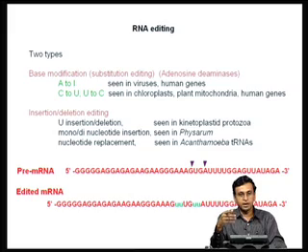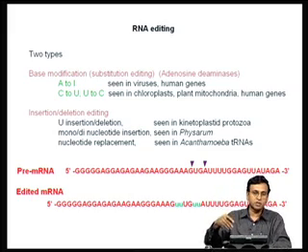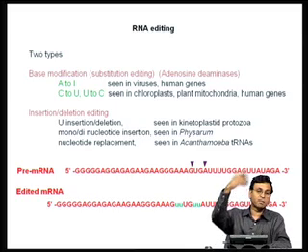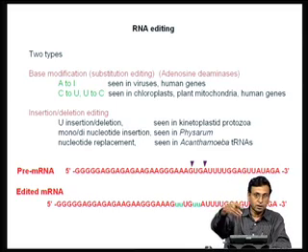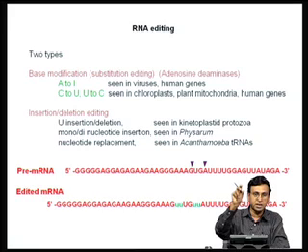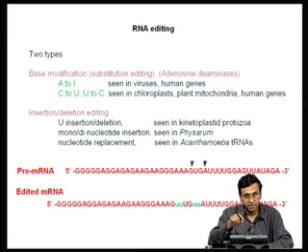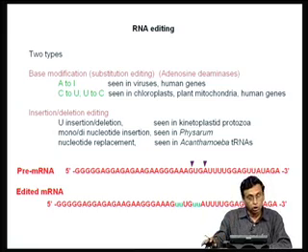For example, if a base modification has taken place, there may be inosine in the cDNA, whereas it may be adenosine in the genomic DNA. Similarly, if you find certain extra U's when you sequence cDNA, where those U's or T's are not there in the genomic DNA, it again means that a post-transcriptional modification has taken place, and RNA editing is probably the cause why the cDNA sequence is different from that of the genomic DNA sequence.